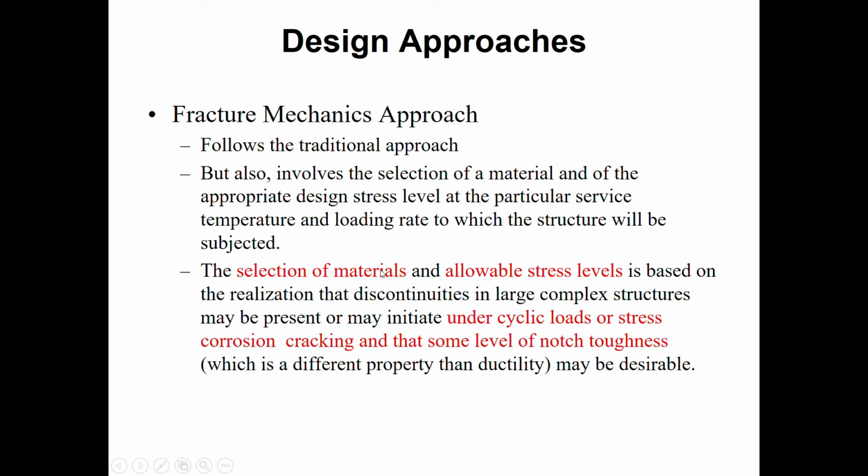The selection of materials and allowable stress levels is based on the realization that discontinuities in large complex structures may be present or may initiate under cyclic loads or stress corrosion cracking, and that some level of notch toughness, which is a different property than ductility, may be desirable.